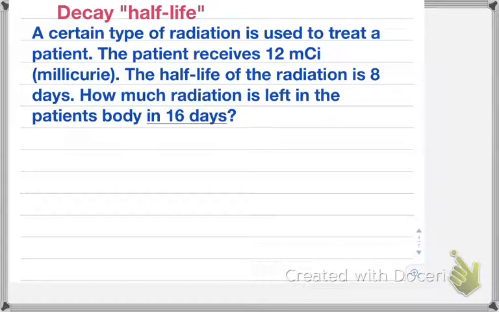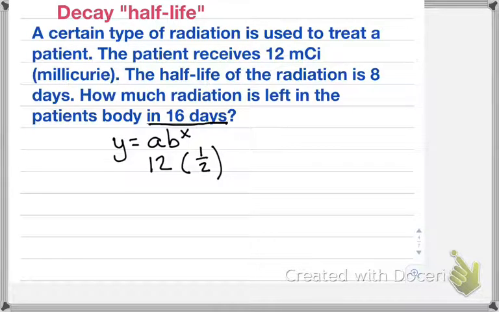So we still are using our formula of y equals a, b to the x. And in this case, we know it's half-life, so we know that our growth factor or common ratio is going to be a smaller number than 1. So our initial amount we start with is the 12. That's what they were given. We know that our growth of decay or decay factor is a half because it's half-life. And in this case, we have to do a little bit of calculation here.